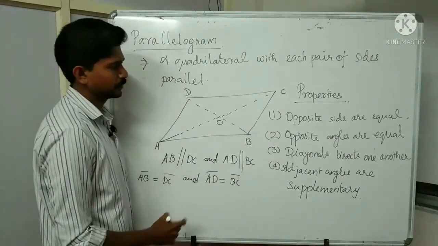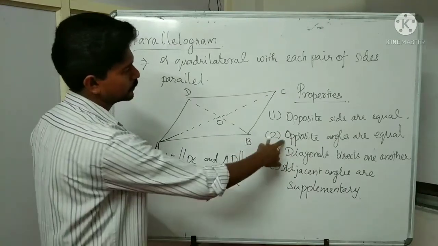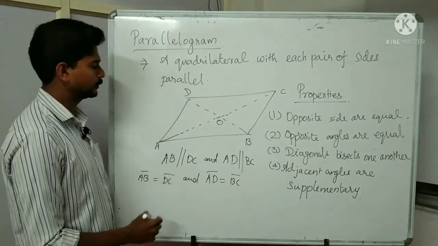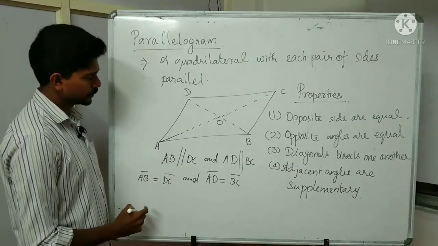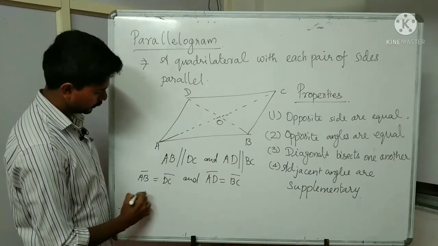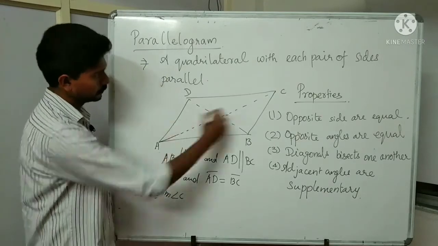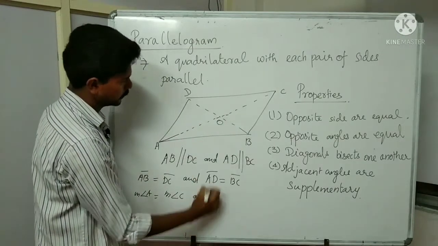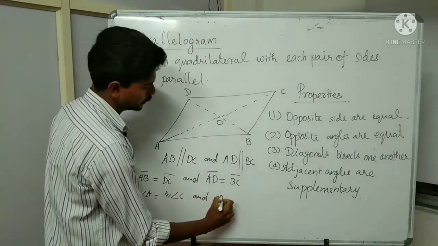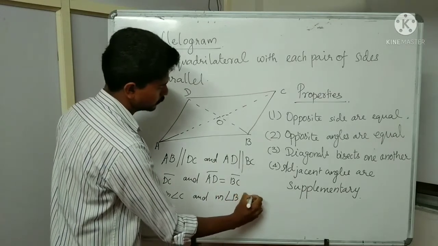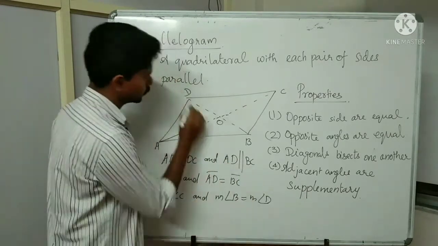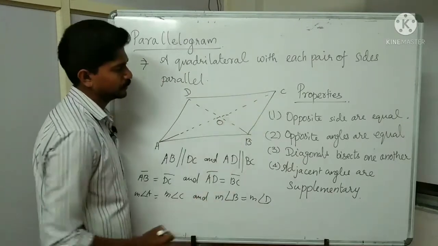The second property: opposite angles are equal. The measure of angle A is equal to the measure of angle C, and the measure of angle B is equal to the measure of angle D.